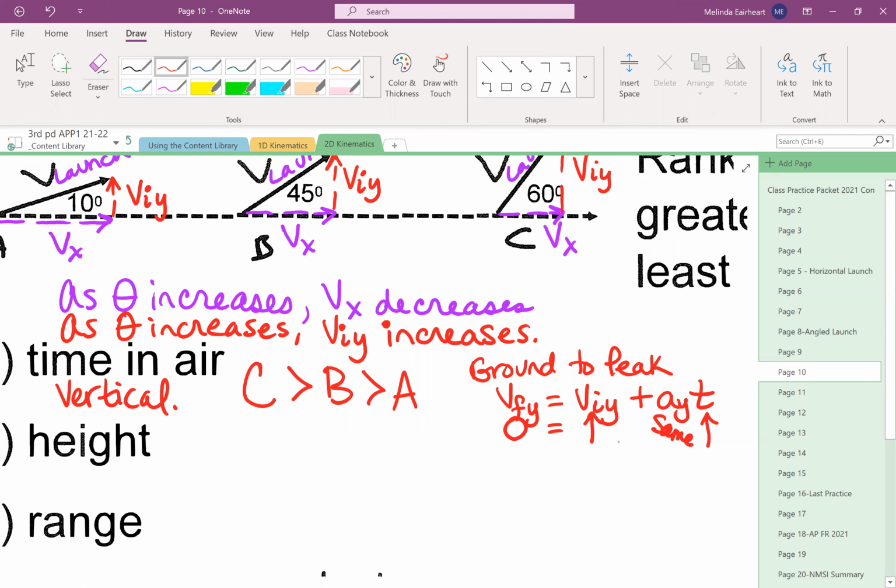What about height? What axis? That's a vertical. And so we just found something about time to the peak. Isn't that the distance to the peak? And so that's like your delta y to the peak.